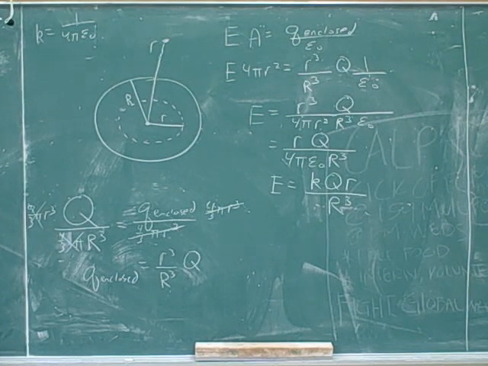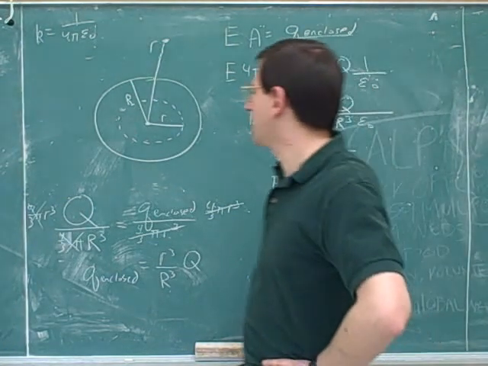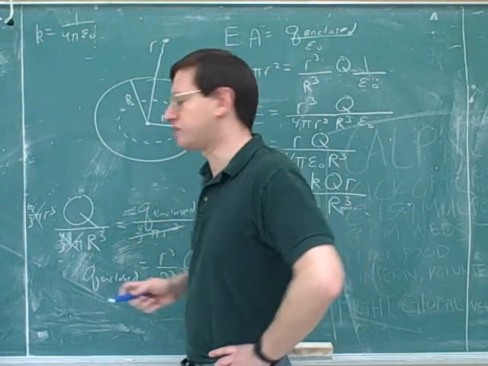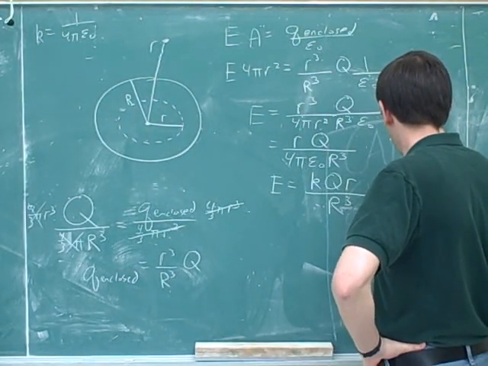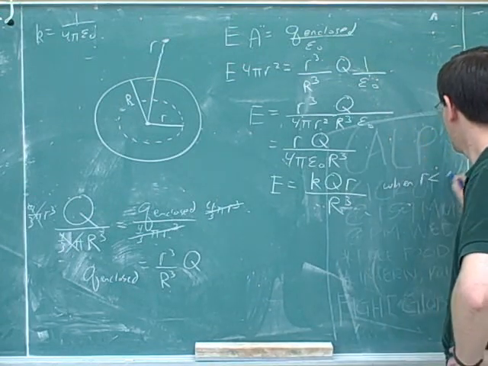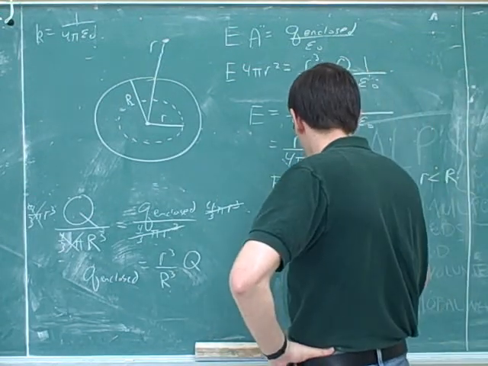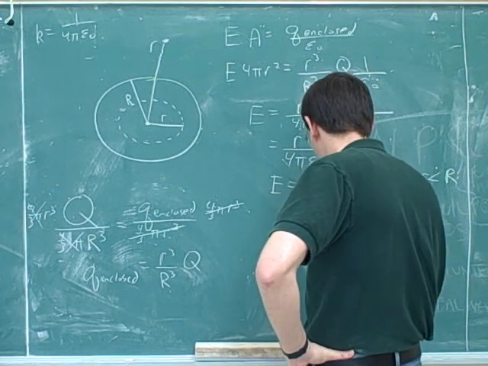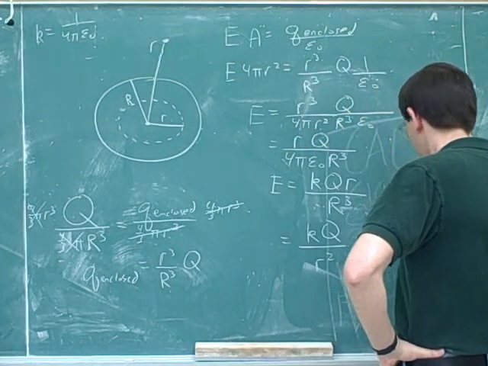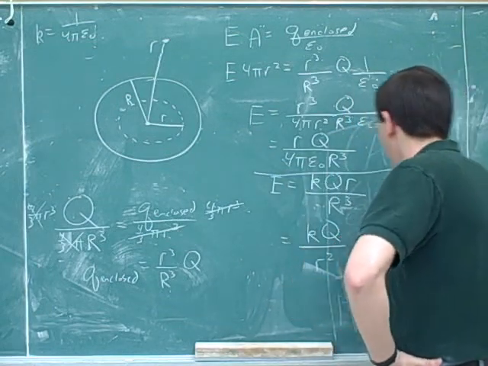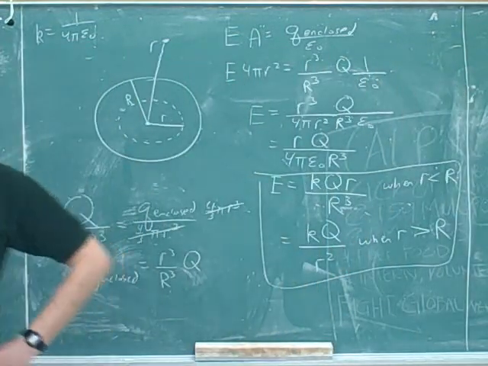So now we're ready to answer the question. The question was asking us to find the electric field at all points in space. And when we thought about it, we saw there were really two different cases.